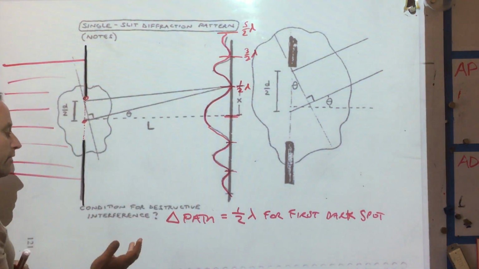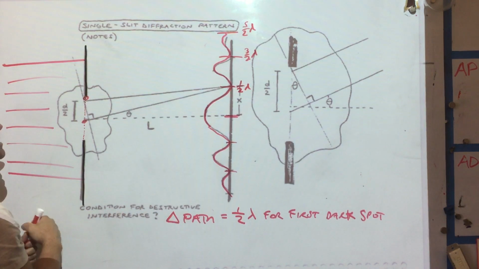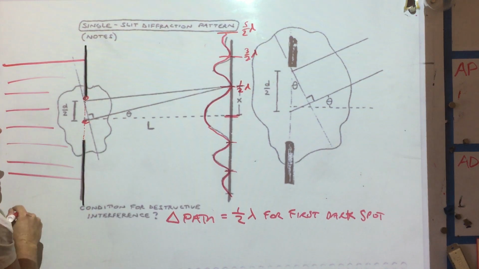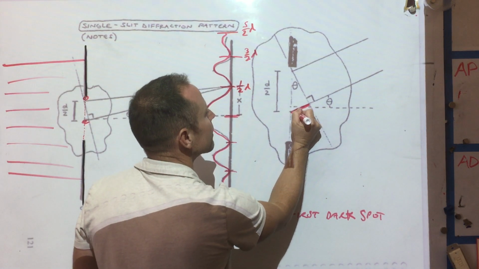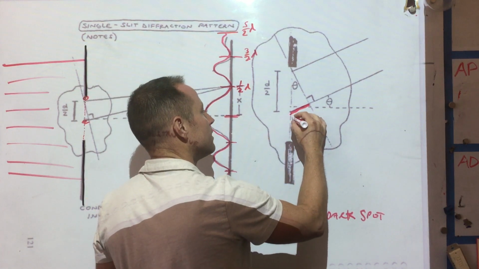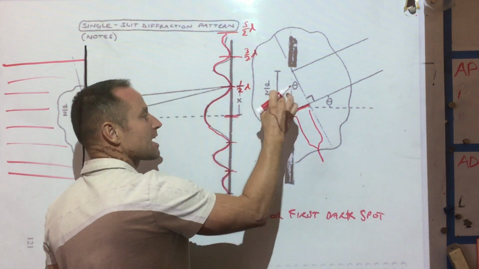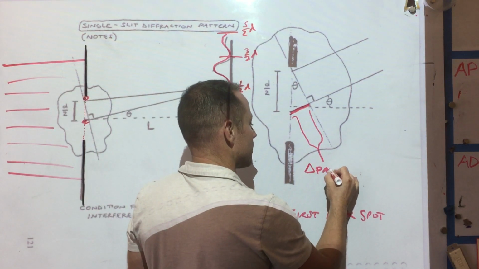Now let's work on this other side. How big is the path difference? What we need is this extra itty bit of length, which if you blow it up over here, is this extra itty bit of length. This is your path difference right here. This length is important because it's how much farther one had to go than the other, the delta path.